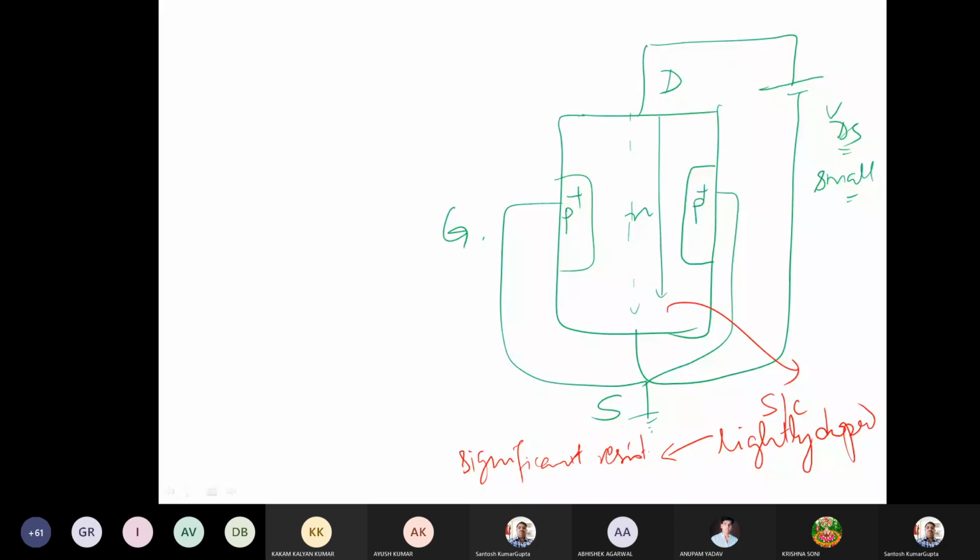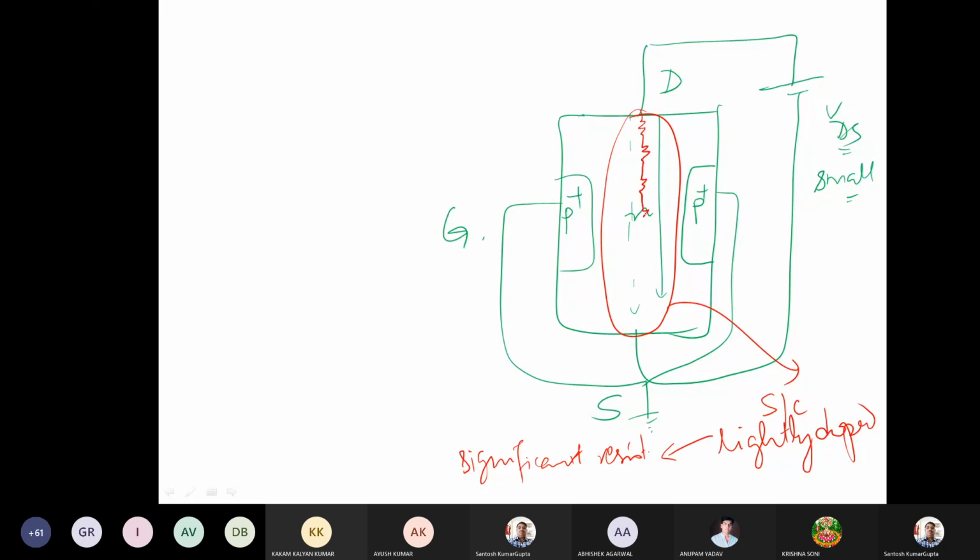So significant amount of resistance means here across this drain and source, we see this resistance. This resistance is actually not located at a single point, but rather it is distributed throughout this channel.